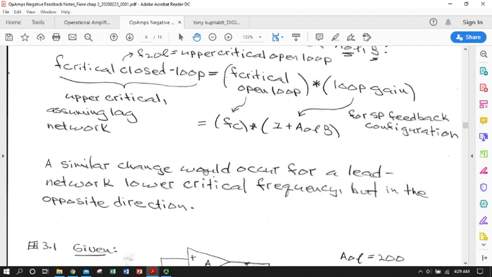So a similar change would occur for a lead network, except we would be lowering the critical frequency. So we will widen the area in which we have a frequency independent gain when we go to a closed loop, and we will widen it by the sacrifice or loop gain factor.